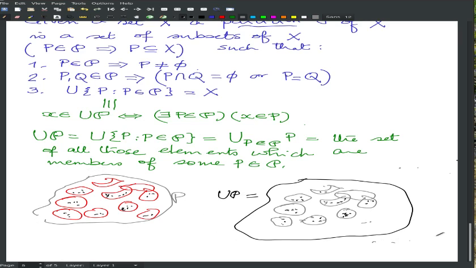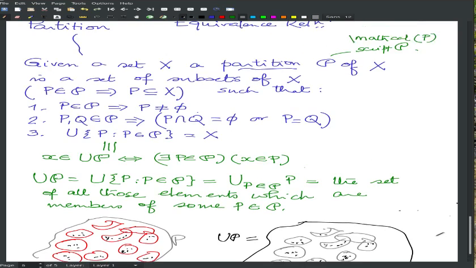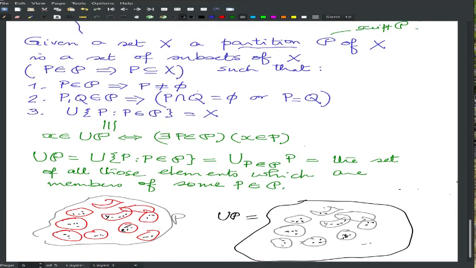Okay? But when I'm speaking of a partition, then I cannot have anything like this, an overlapping set. I cannot have this. That's what number 2 says. Any two partitioning sets. So we will call these small bags, or P's in script P, partitioning sets.